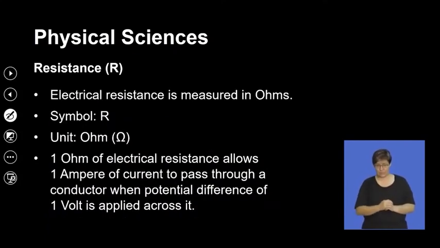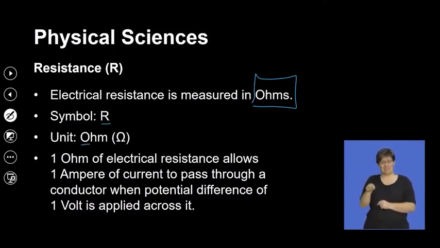Electrical resistance is measured in ohms. The ohm is the SI unit. We've looked at R as the symbol. The unit ohm is represented by omega from the Greek alphabet. But remember, Ohm is somebody's name, so the symbol should always be an uppercase or capital letter.